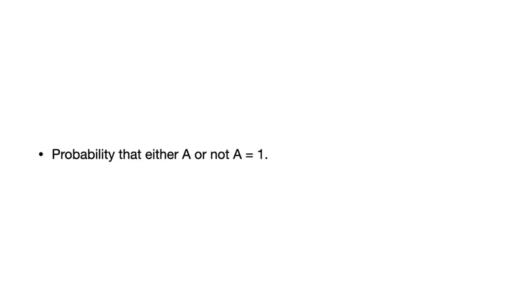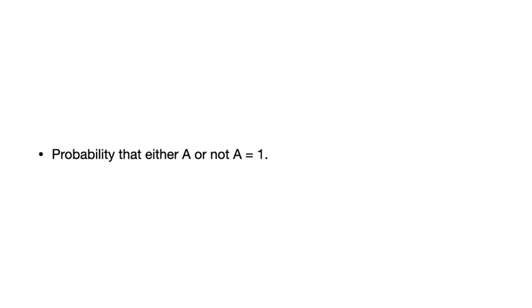Well, now think about this. If I say either A or not A, are A and not A mutually exclusive? Obviously so. If A happens, then not A is not going to happen.